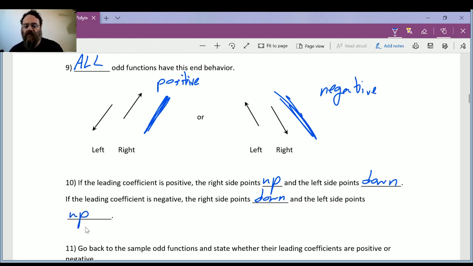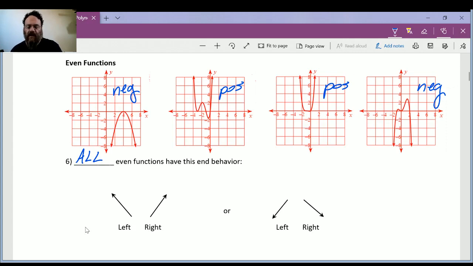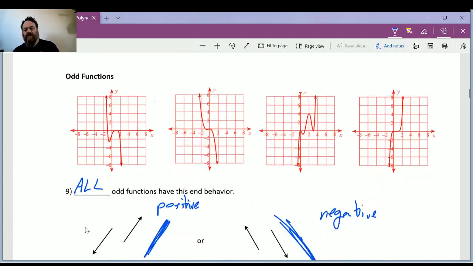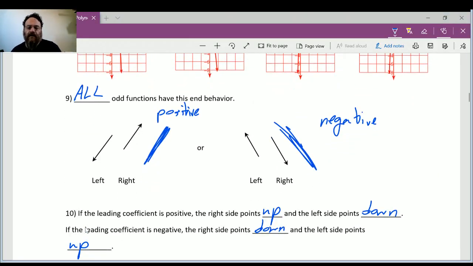If you want a helpful way of remembering this, even is not too bad: positive is up, negative is down. Not a whole lot of trickiness behind that. For the odds, think about the number 1. 1 is an odd number. So something like y equals, and I'll just make something up, 2x plus 5, it would have a positive slope.